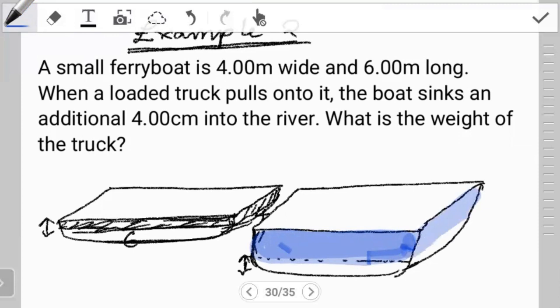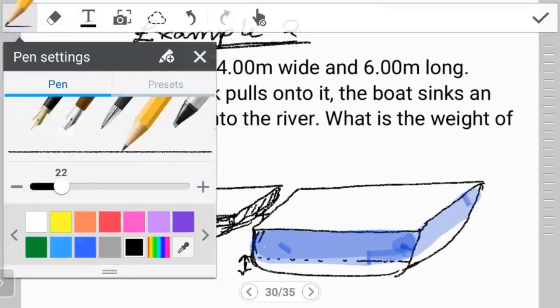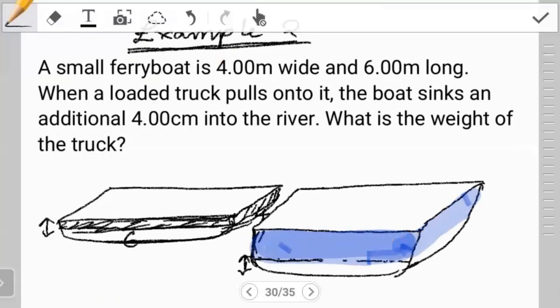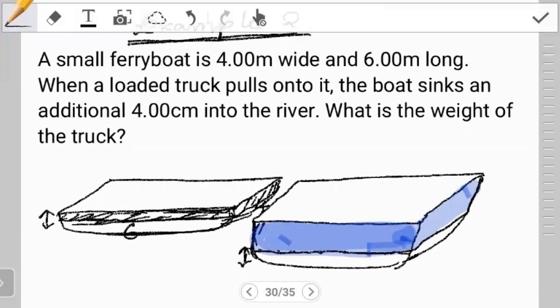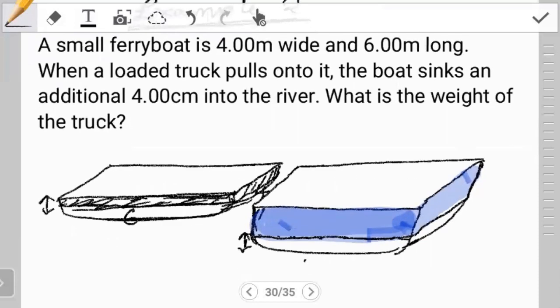We are going to use the fact that the truck makes the boat sink by this volume. So this is the volume that we are interested in. The key is, you're trying to avoid the section which was already inside the fluid, because this is due to the weight of the boat already. All you want to see is what effect the truck had on this boat.